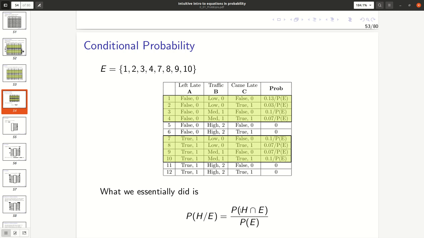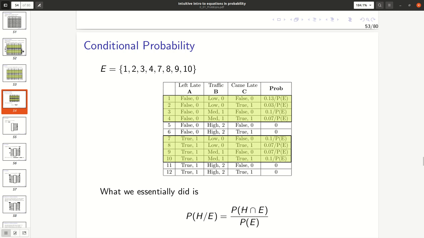For any subset of omega, H, which may contain one or more rows of this table, its probability of H conditioned on E, denoted by H given E, is equal to probability of H intersection E divided by probability of E.